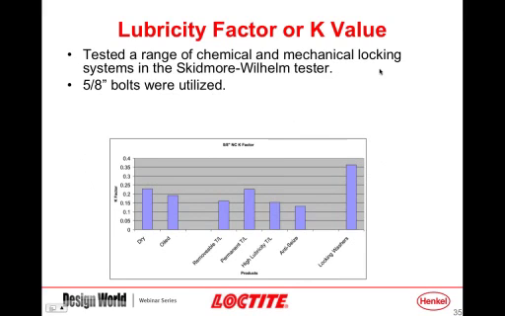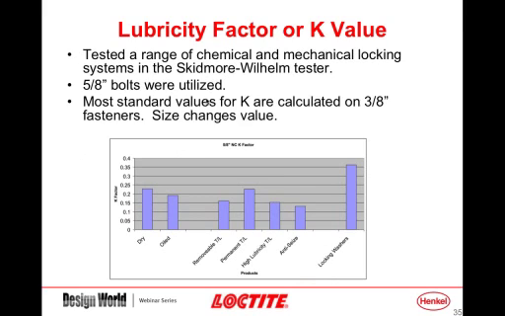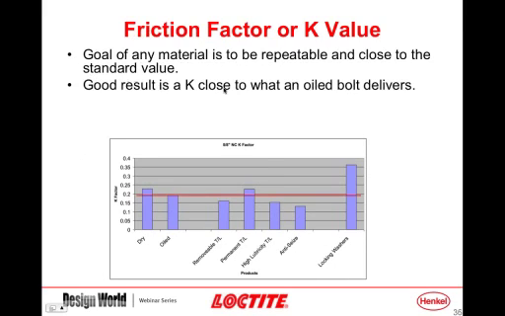All right, so in this case here, we have a range of chemical and mechanical systems. The exact same test system that we did. Again, it was the 5/8 inch bolts. What we're shooting for here is the K factors that were measured for these specific systems.